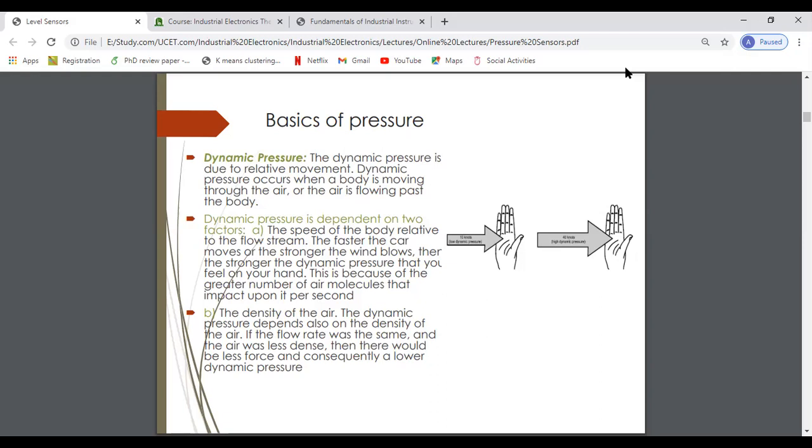If the air is thick, the dynamic pressure will increase in value. So we have to consider these two factors: how dense the air is, and the speed of the body relative to the flow stream.